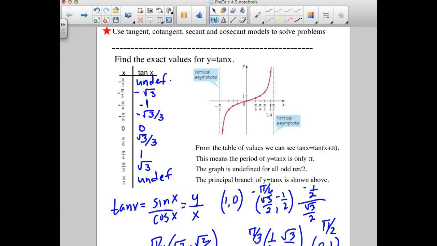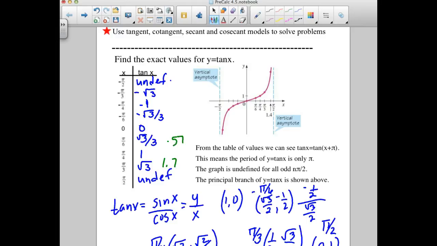Okay, now using your calculators, let's get some options here in decimal form. What is the square root of 3? Around 1.7 something. How about root 3 divided by 3? Okay.